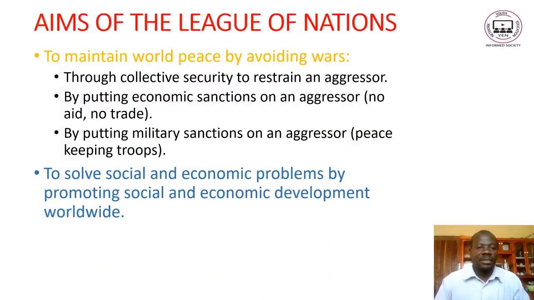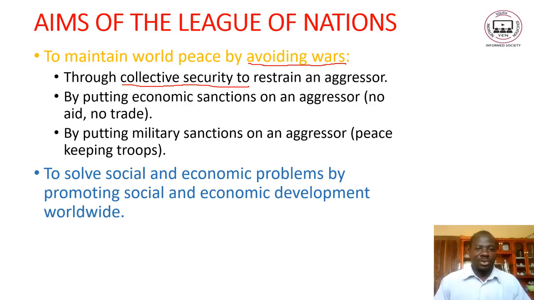This League of Nations was aimed at maintaining world peace by avoiding wars. How could they do that? Through collective security: countries coming together to restrain the aggressor, the country that provokes other nations.